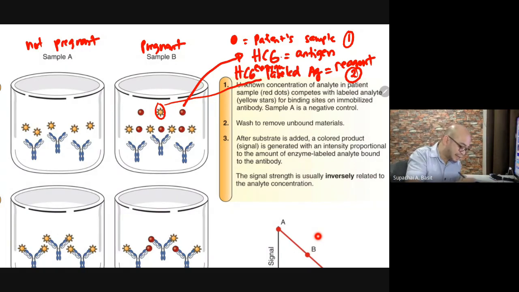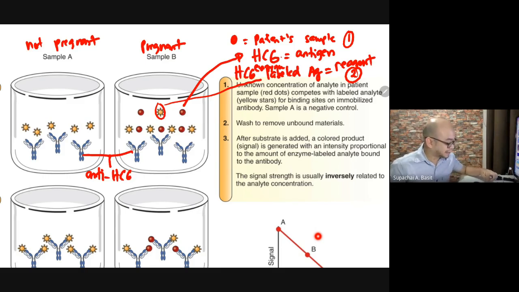So let's say that these are anti-HCG antibodies. Compare patients who are not pregnant and patients who are pregnant. For patients who are not pregnant, you only have the enzyme-labeled antigen, HCG, and they will bind freely.